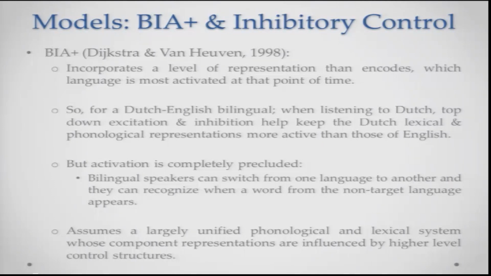Now, the BIA plus model basically incorporates a level of representation that encodes which language is most activated at that point in time. So, for a Dutch English bilingual, when listening to Dutch, the top down excitation and inhibition will help keep Dutch lexical phonological representations more active than those of English. Also, the activation of the other language will be completely precluded.